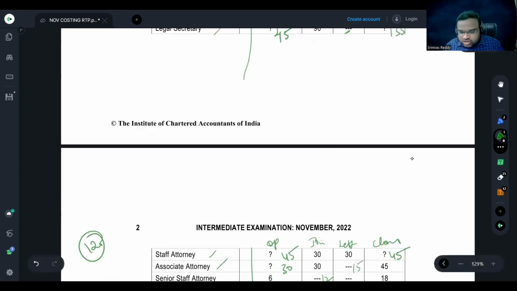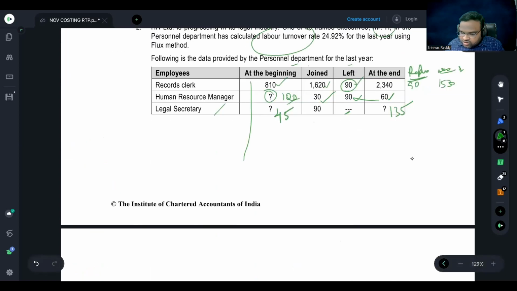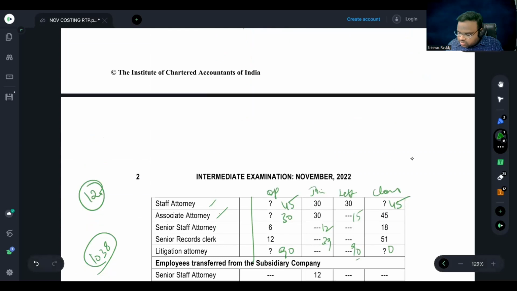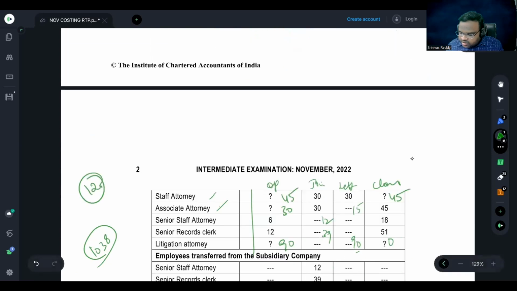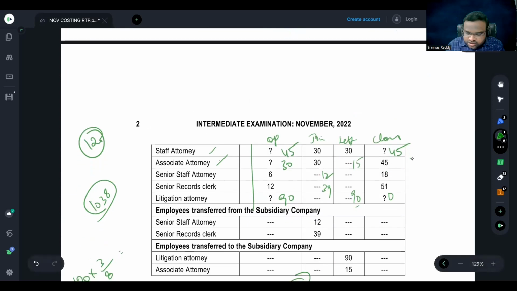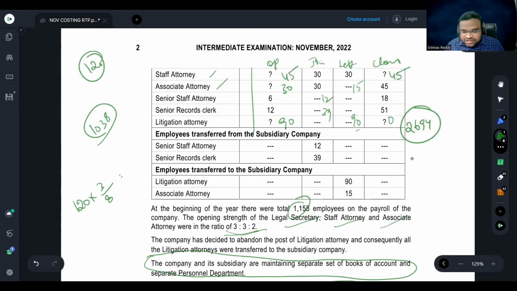So what is the closing number? 2340 plus 60 plus 135 plus 45 plus 45 plus 18 plus 51. So you're getting 2694.